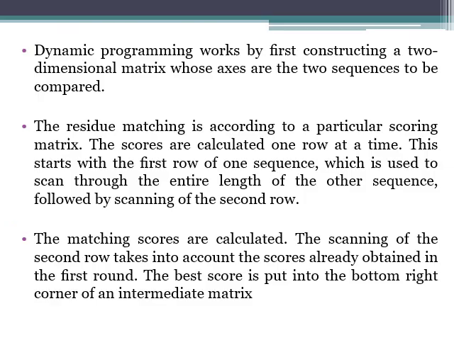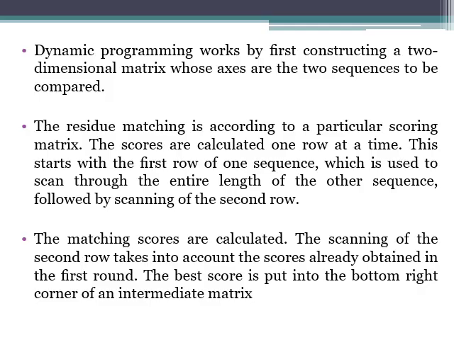Now the dynamic programming works by first constructing a two-dimensional matrix whose axes are the two sequences to be compared. So similar to the dot matrix method, here there will be two axes, horizontal and vertical, where we will write our two sequences to be compared. The residue matching is according to the particular scoring matrix. The scores are calculated one row at a time.